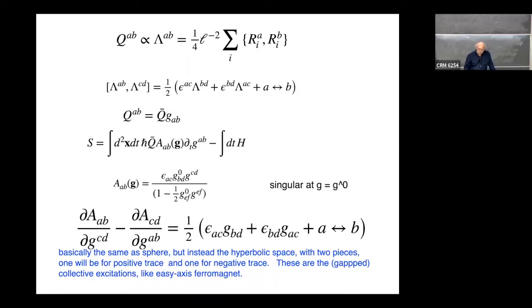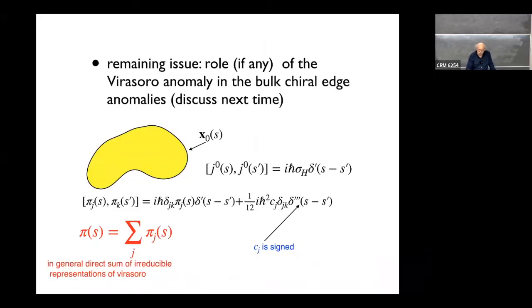It's singular when the metric is equal to G0. The top line vanishes, but then the bottom line diverges. But when I take something like its curl, I pick up the commutation relations of the group, which is all that matters. Okay, so how much time do I have?